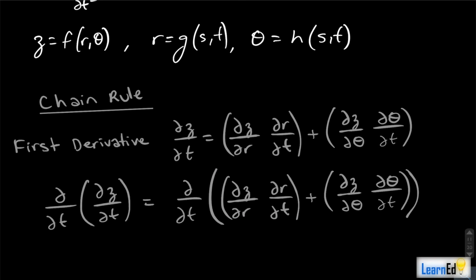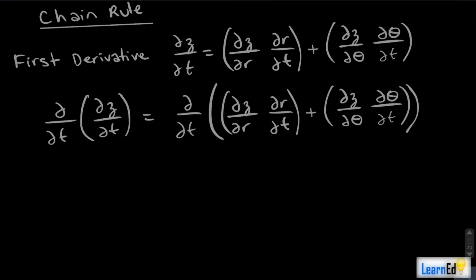So in taking a partial with respect to t on both sides, we have the d squared z over dt squared. And how are we taking a partial with respect to t of this huge mess that we have going on the right hand side?